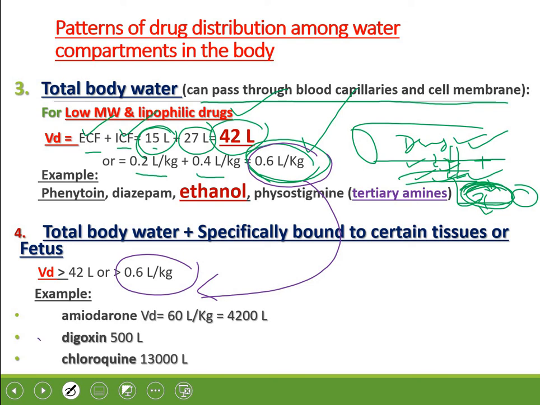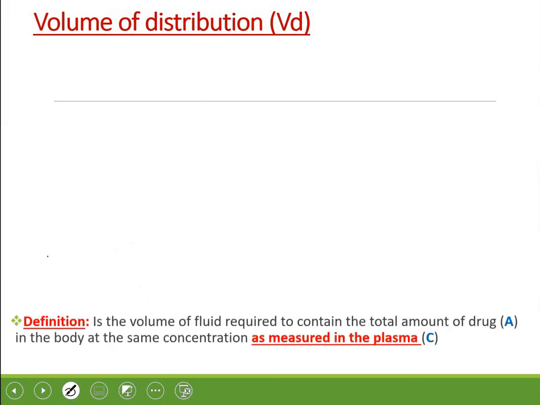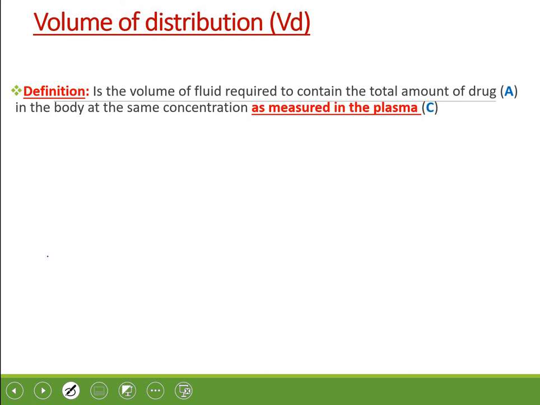So drugs like digoxin, chloroquine, and amiodarone have a high volume of distribution, more than 42 liters, which is approximately the total inside the human body. If it is more than that, this becomes the apparent volume of distribution. And what it does is require much more volume of fluid to carry the drugs.